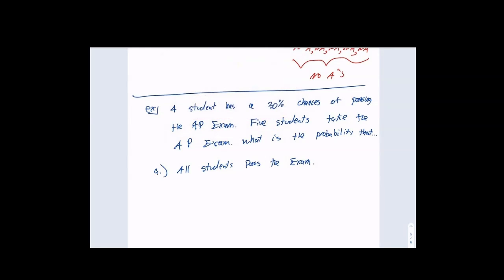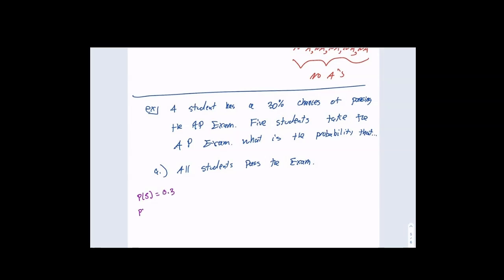Okay, so I've defined the success rate as 30%. So first off, I know that the probability of passing, I'll just call it S, is what? What's the probability of a student passing the exam? 0.3.